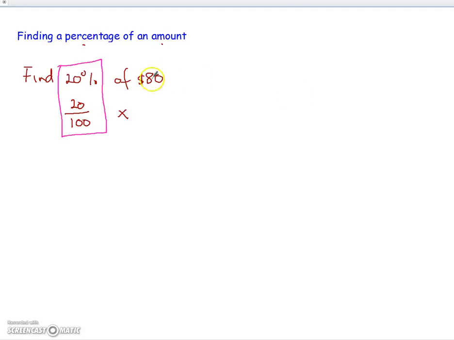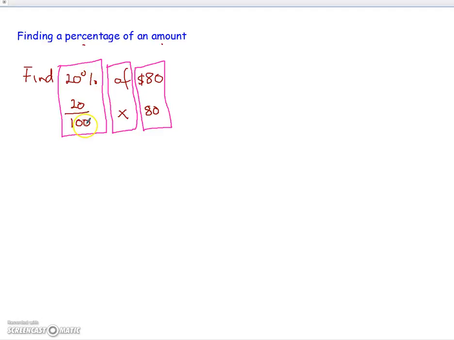So I've just converted my "of" into a times, and the 80, I'll just drop the dollars because I'm just going to be concerned about the number for now. So I have basically just worked left to right, translating or converting what is pretty much an English sentence into a mathematical sentence.